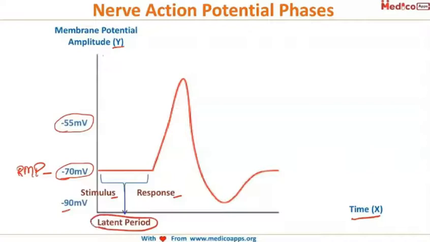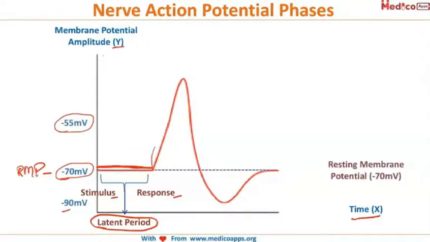Initially there's no response, there's nothing over here, and then there's a response going up. So this period of no activity is called the latent period. Now, we have seen minus 70 millivolts is the resting membrane potential.